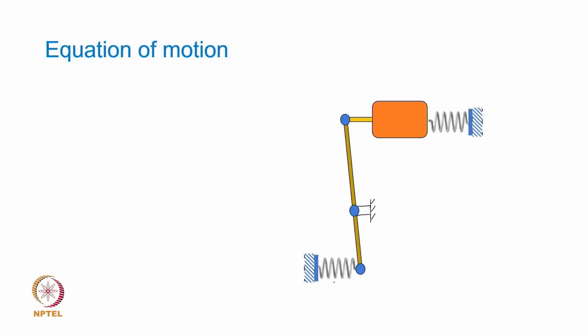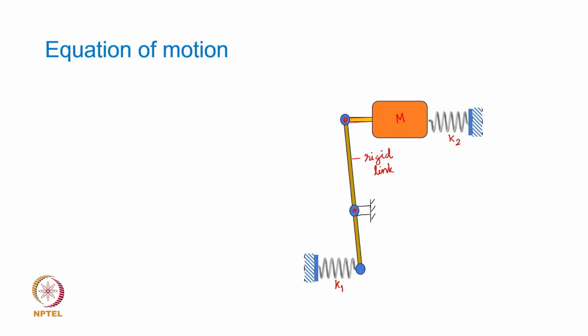Now, take another example where the spring, let us say, is given by stiffness K1, and this spring is of stiffness K2. There is a mass which is shown here. There is a rigid link which has a joint with a rod that is an extension of this mass, and this rigid link is fulcrumed at this particular point.